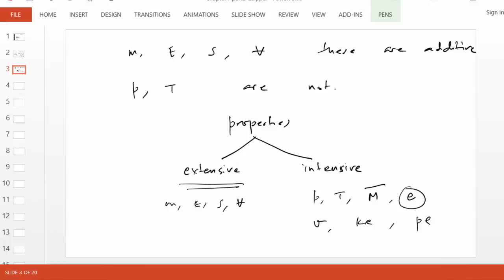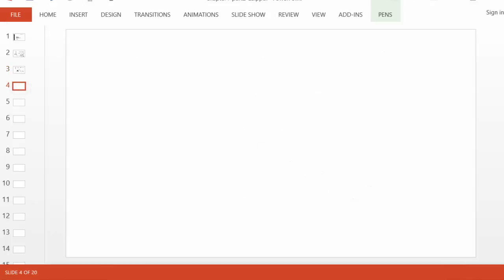Okay, so to summarize, we have described a system with different kinds of properties, and we'll call the collection of all these properties a state.